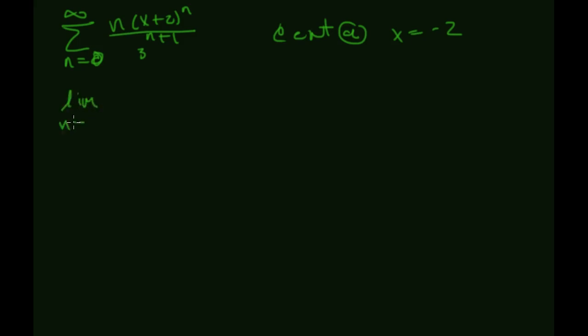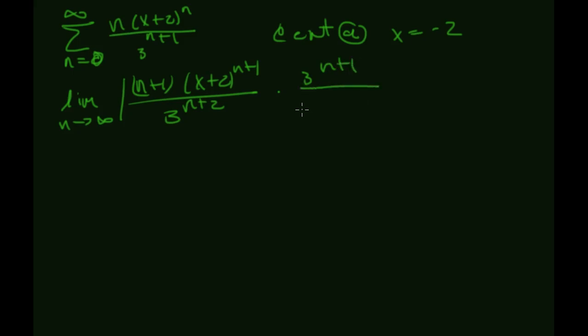I take the limit as n approaches infinity, so I need an n plus 1 there: (n plus 1) times (x plus 2) to the n plus 1 over 3 to the n plus 2, times 3 to the n plus 1 over n times (x plus 2) to the n. All right, so let's simplify a bit here.